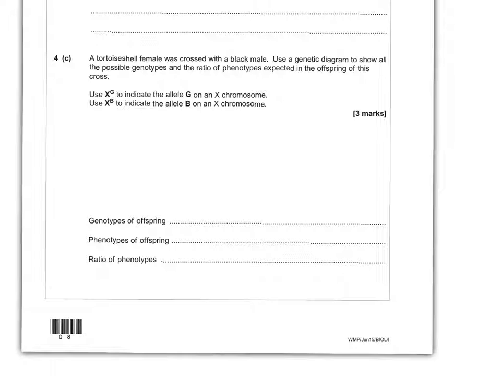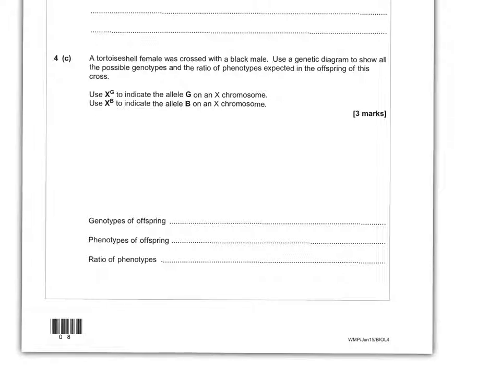Question 4C is looking at doing a cross between a tortoiseshell female with a black male, doing a genetic diagram. This was very well answered by the vast majority of students, understanding what the genotype was, using the Punnett square diagram to show that. One of the key things then, the phenotype, some of you forgot to put the sex of the cat, and therefore your ratio of phenotypes came out as 1:1, which is incorrect.